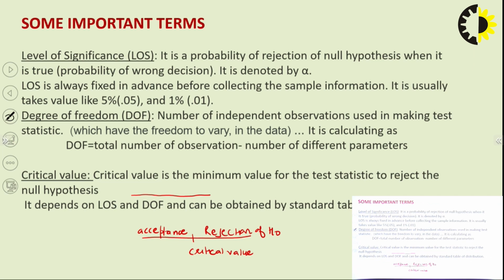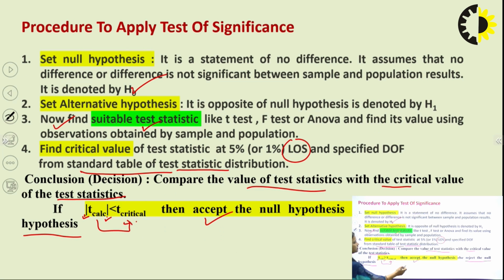Next. Now we will discuss the three terms we saw in the last slide: level of significance, degree of freedom and the critical value. See, level of significance. On the basis of test, we can take a decision of rejecting the hypothesis or accepting the hypothesis.